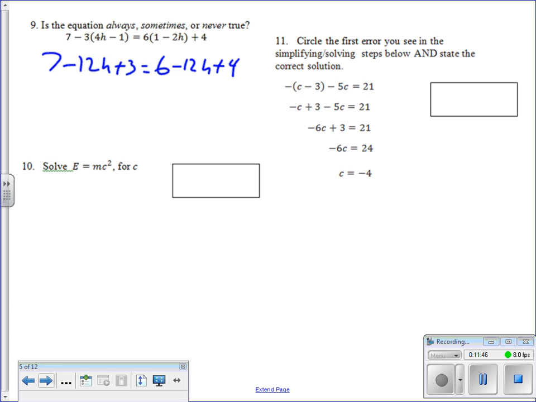Combine like terms, negative 12h plus 10 equals negative 12h plus 10. I do not need to go any farther. I have exactly the same thing on both sides.